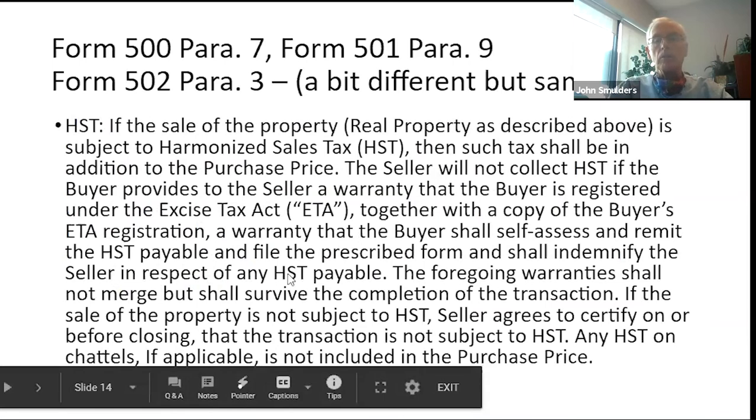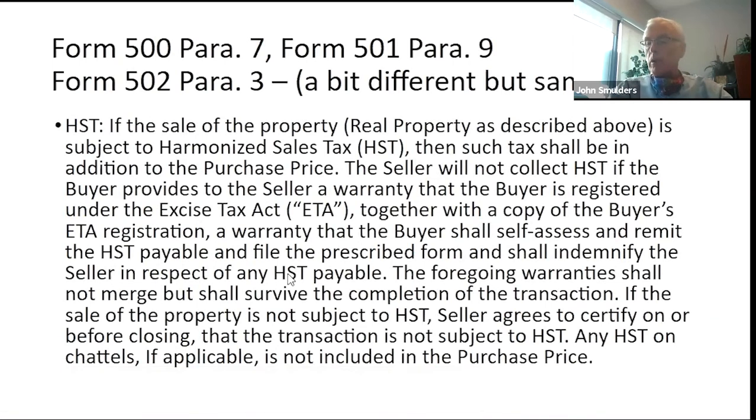Okay, so I'm not going to read this whole thing. The point of me bringing this up is that you should be aware of never, ever, ever putting HST as a statement, a clause, a condition, anything like that in Schedule A because it's already in the pre-printed portion of the agreement of purchase and sale.